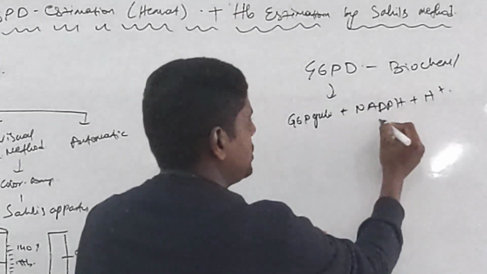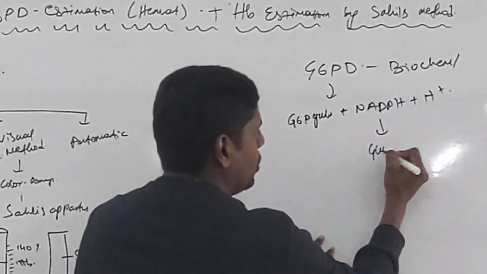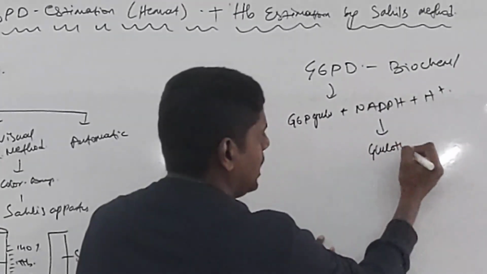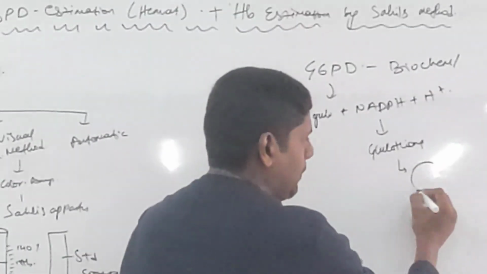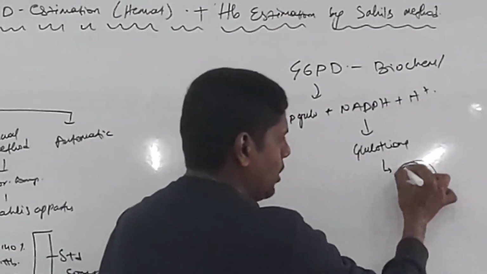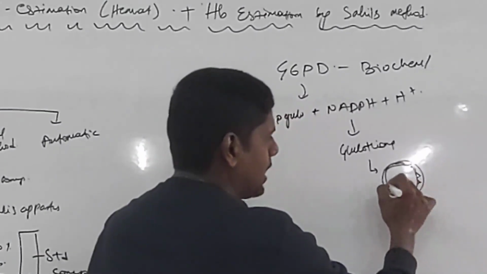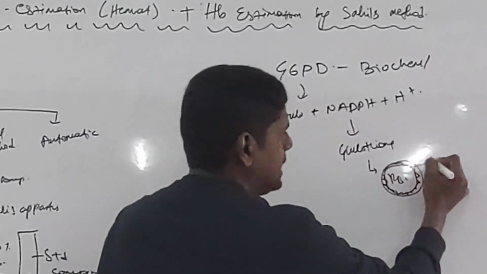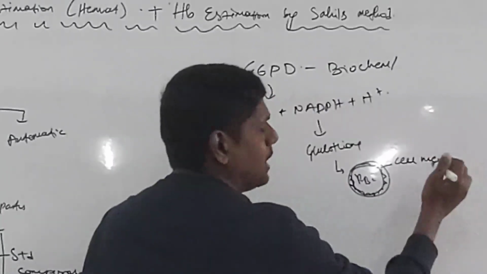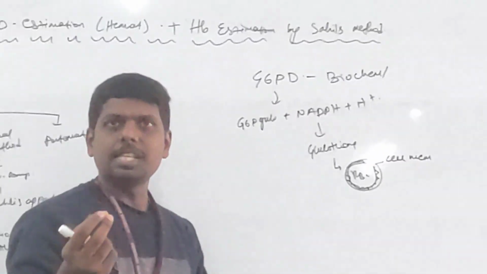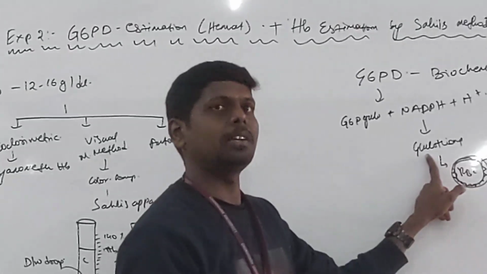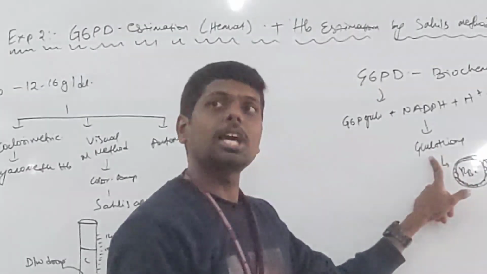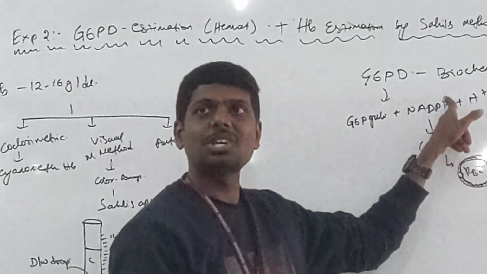This NADPH is important for glutathione. This glutathione is essential for maintaining the cell membrane of the red blood cell, the red blood cell membrane strength. The cell membrane strength is maintained by glutathione. Glutathione is produced by NADPH.